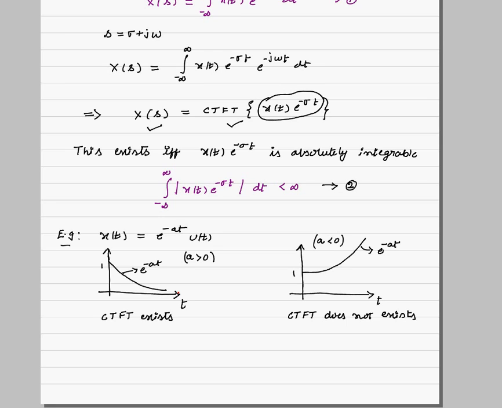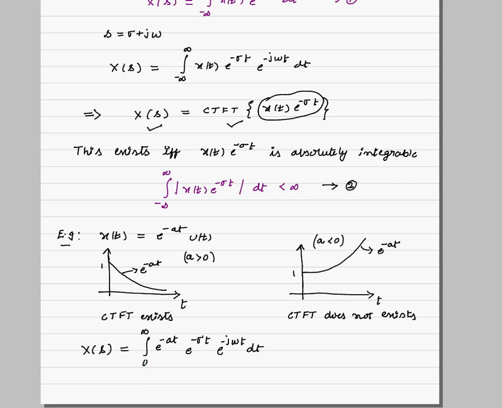Let us try to find the Laplace transform of this signal. X of s will be equal to the integral from 0 to infinity of e power minus at into e power minus sigma t into e power minus j omega t dt. Why have the integral limits changed?